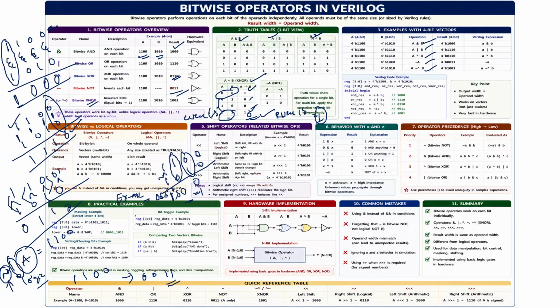So these are practical examples, like 8 bits I am giving, and then the lower 8 bits. In between these two operands we are doing the AND operation. So only the lower 8 bits we are considering. Lower 4 bits means only these 4 bits we are considering.